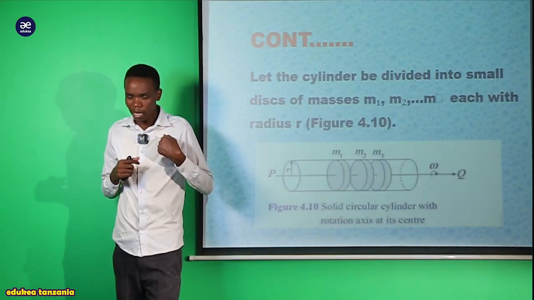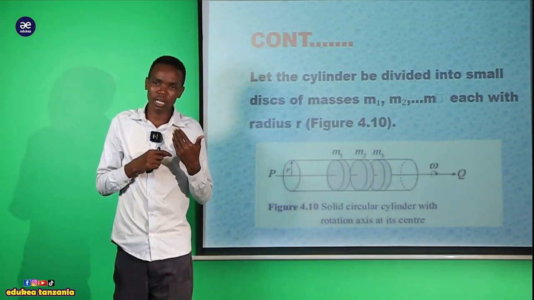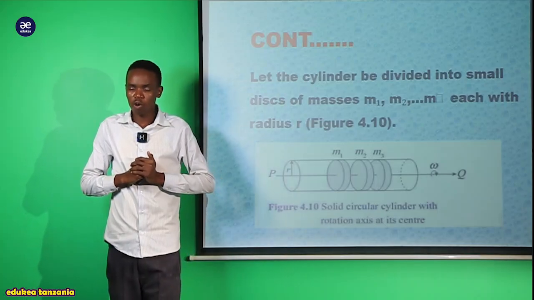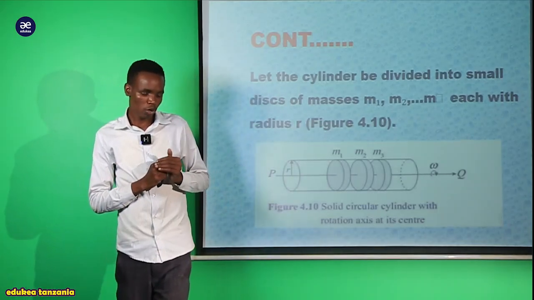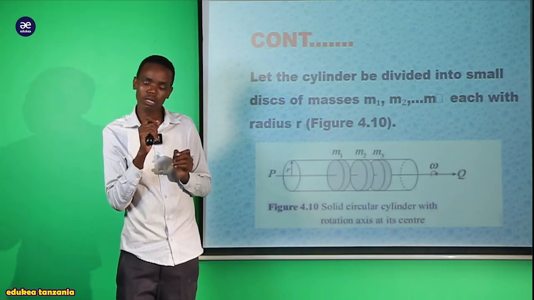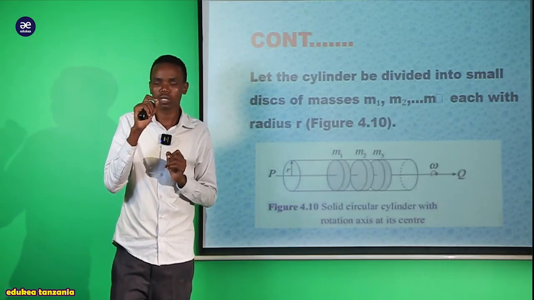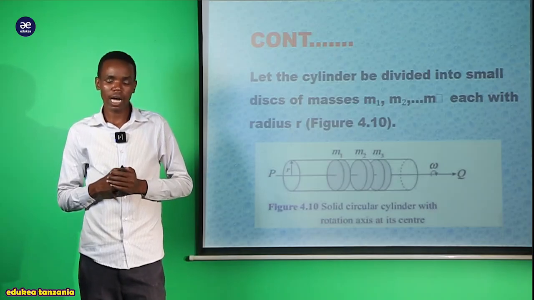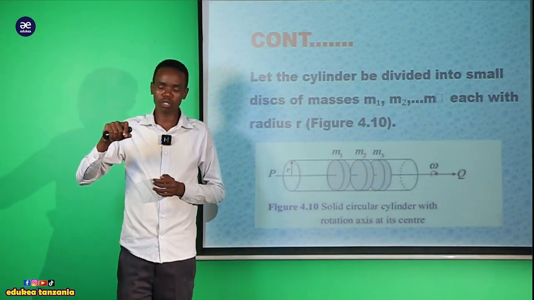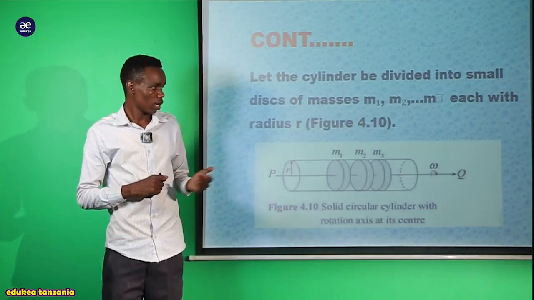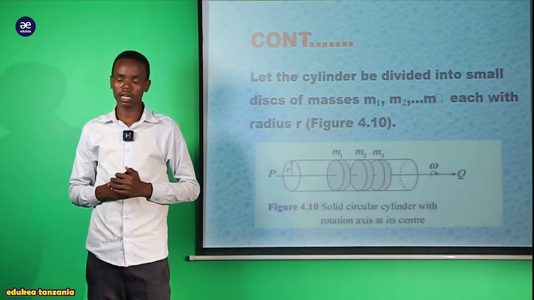When there are more than one disk, we write in ascending order up to the nth term. We should write that we have disk 1 that contains mass 1, disk 2 that contains mass 2, and disk 3 that contains mass 3, and so on up to the nth disk that is found inside the cylinder.